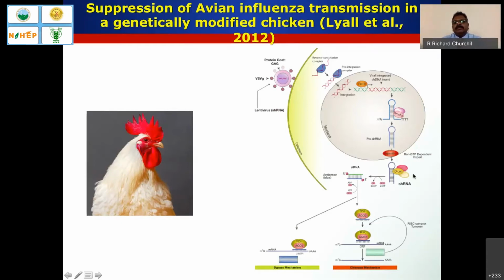These shRNA genes are integrated into the genome of the host and produce shRNA, and this interferes with the multiplication of avian influenza virus inside the host cell. So this bird, even if it gets the disease, cannot transmit the disease. So it happened in 2012.